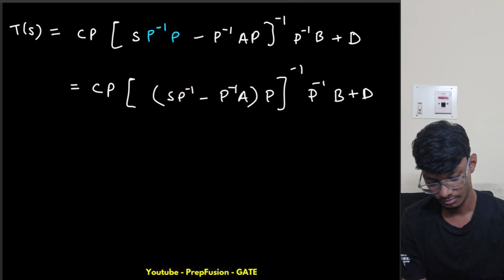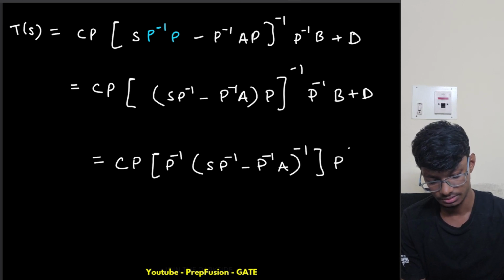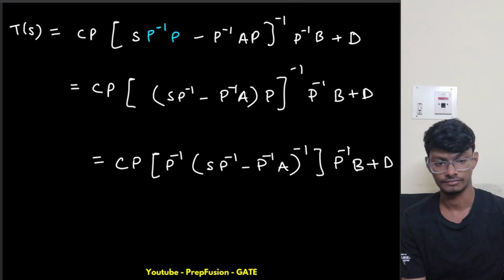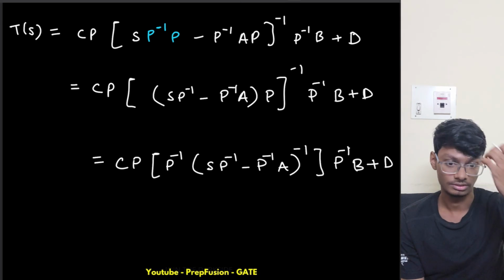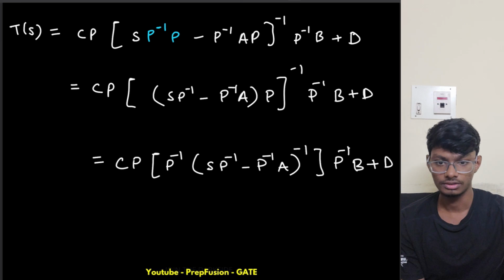So C times P inverse (sP minus P inverse A) whole inverse, and this is a matrix. This is P inverse B, and we have D at the end. This is how you will solve this. Now what I can identify is this P inverse.